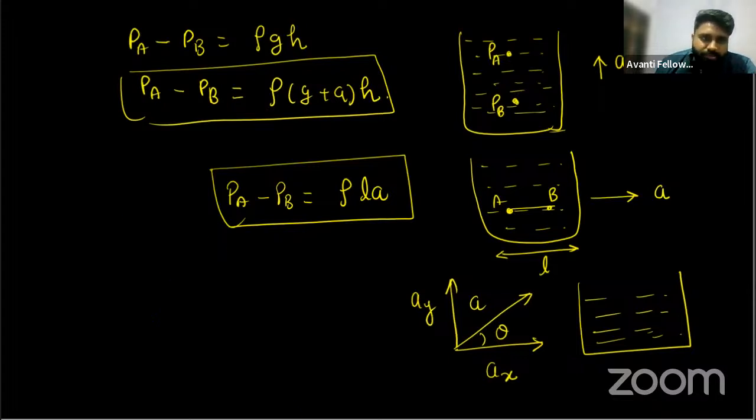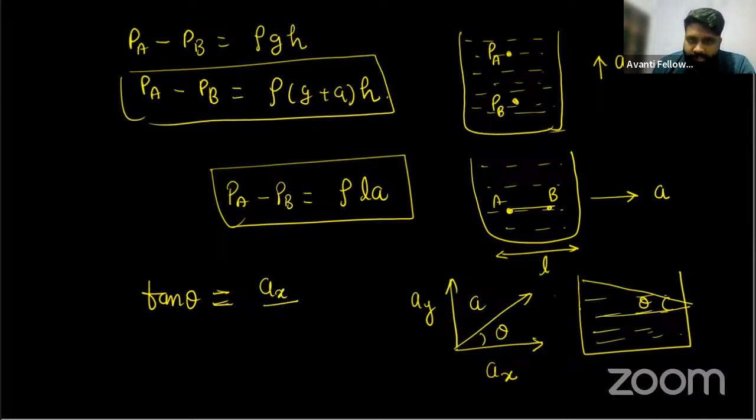If you calculate the angle the surface will make, say theta, then tan theta would be AX upon, there is a downward direction, and these are in opposite directions, AY and g.